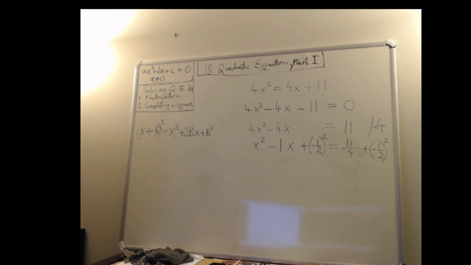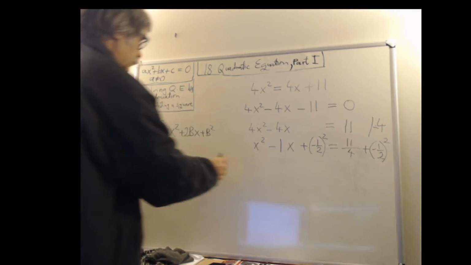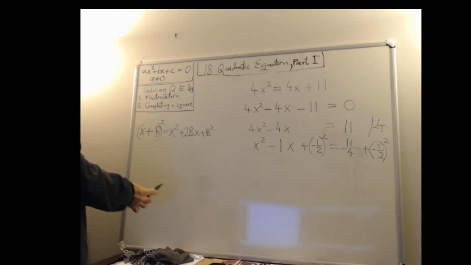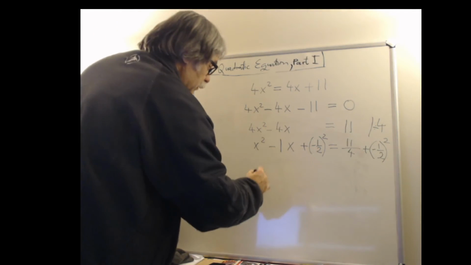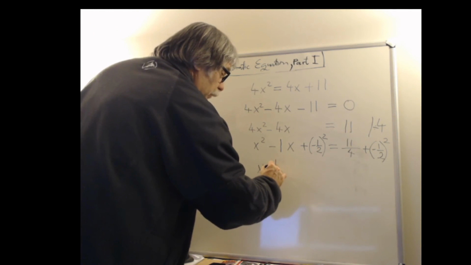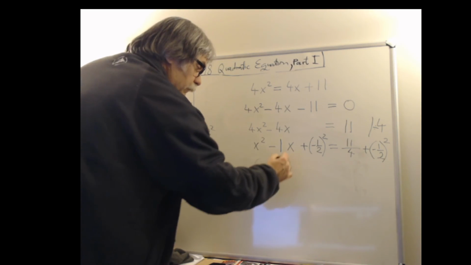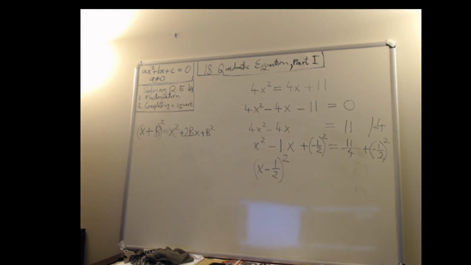Okay, now the rest of the story. This is now a perfect square because it matches this side here. So what it is is x plus b squared. b is this guy. So you have x plus b, x minus 1/2 squared. Okay, always try to convince yourself, check whether you have what you need to have.